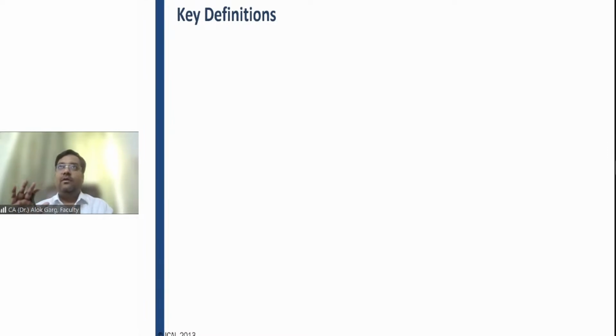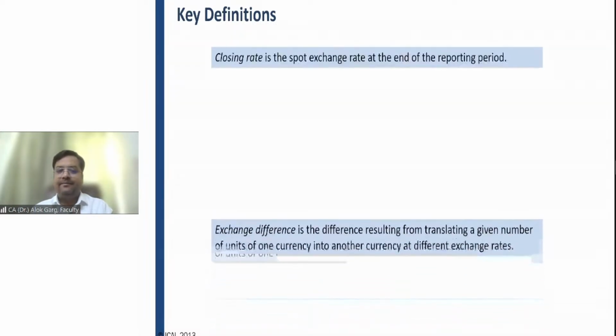So the major currencies are of two types, one is local currency, one is foreign currency, right? Presentation currency is a currency in which the financial statements are presented. Okay, so presentation currency could be a local currency, could be a foreign currency, right? So these three concepts we have read in AS 11. If I talk about these three concepts, right?